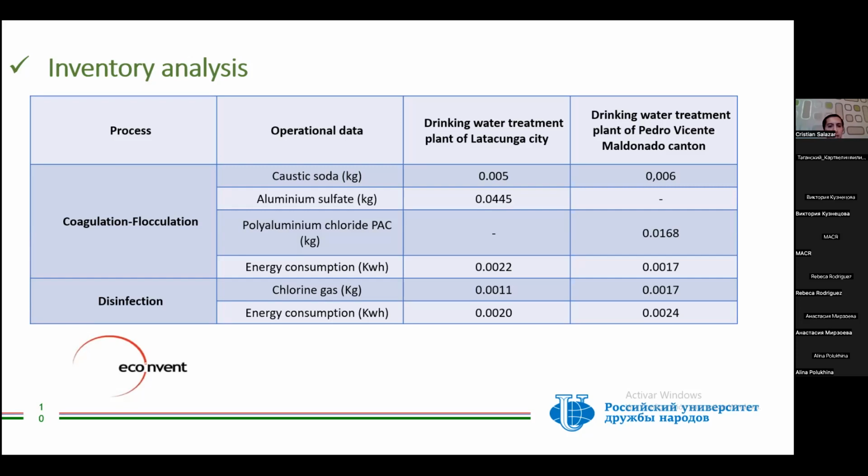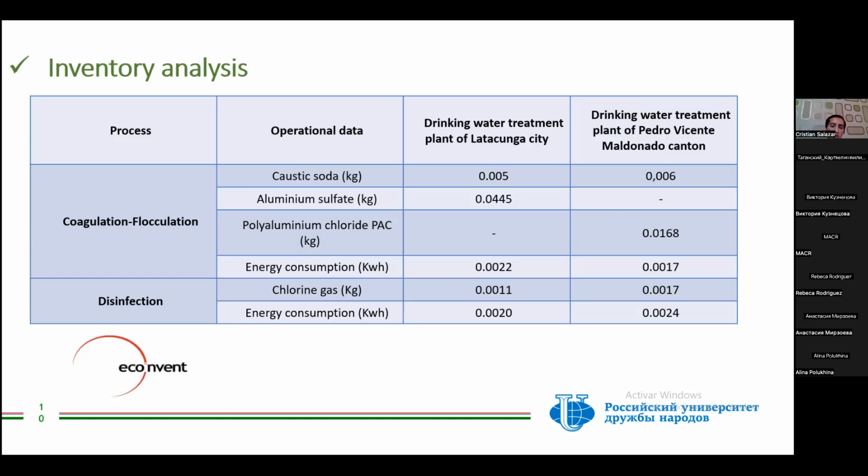The table shows the inventory of chemical reagents and the amount of electricity at each of the studied plants.